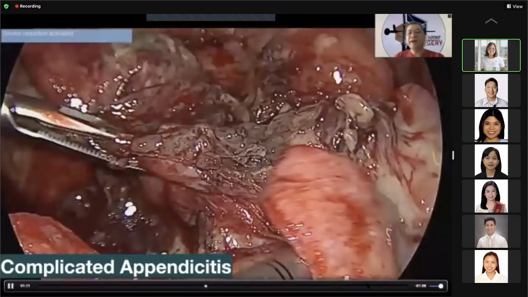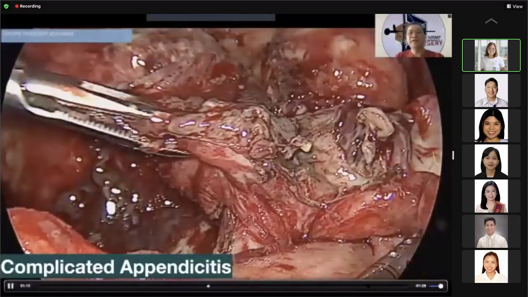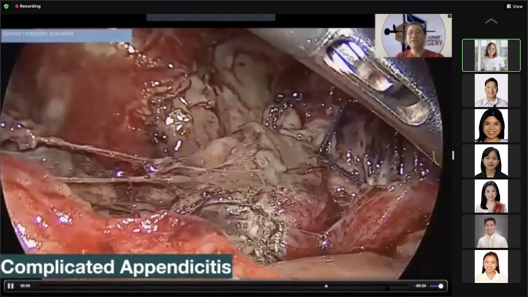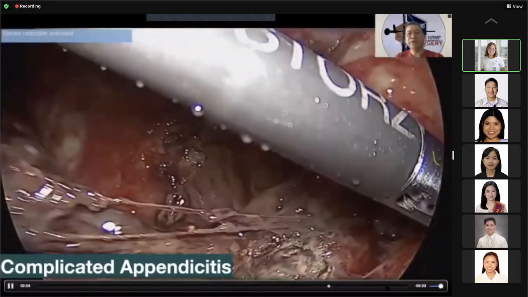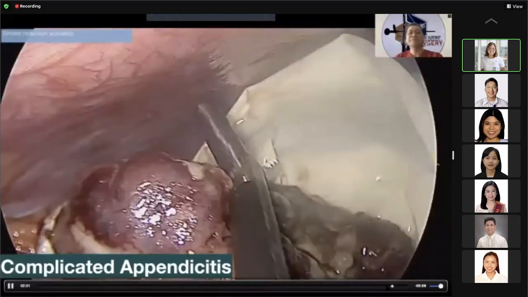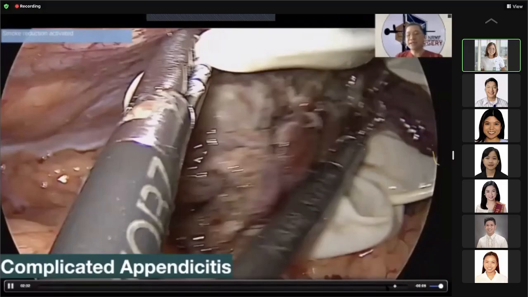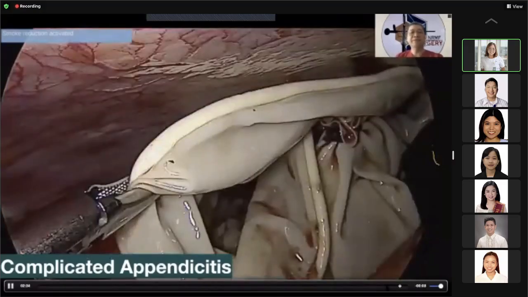But you need advanced instrumentation for this. You can see the necrotic tissues in the area of the cecum. You put it in a pouch before you extract it from the umbilicus. This will limit surgical site infection in your umbilicus.